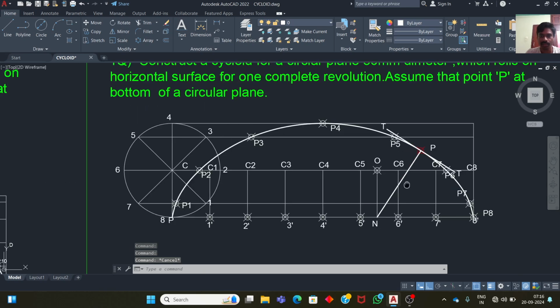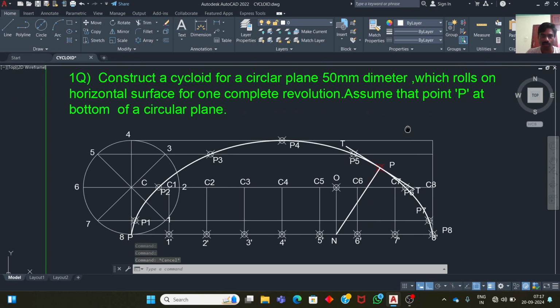So this is the procedure for drawing this cycloidal curve. First of all, I will explain once again. Take a circle with diameter 50 mm. Thereafter, divide the circle into n number of equal parts, that is 8 equal parts, by using the polar array command.